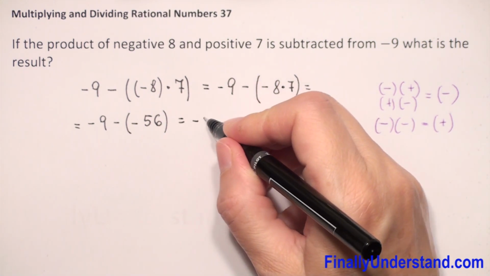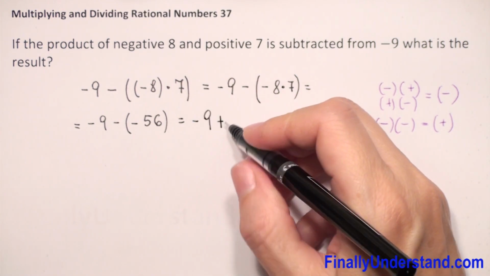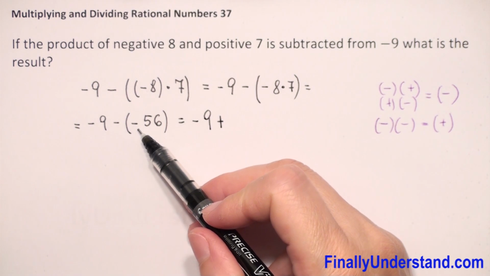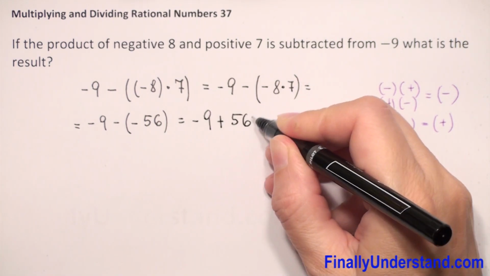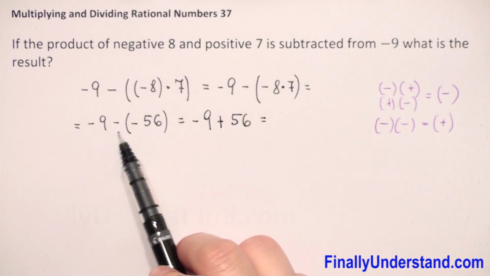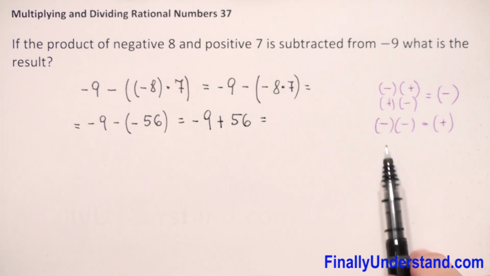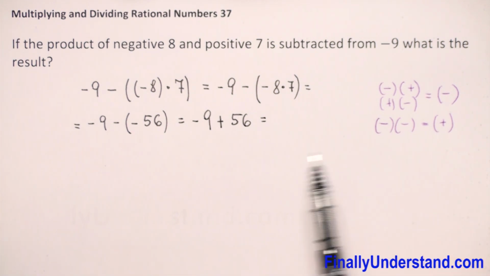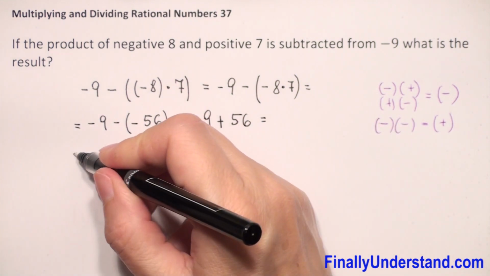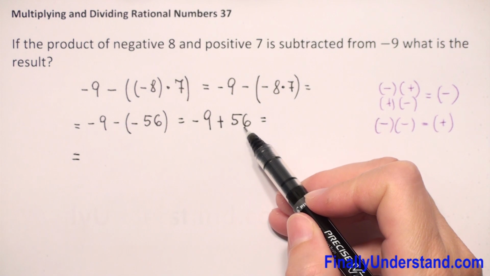So we copy the negative 9, change subtraction to addition, and the opposite of negative 56 is 56. So you see, we get the same. Negative and negative give you positive. So we just memorize that when we have two negative signs, we write positive and copy the next number. So now we have a negative number plus a positive number.